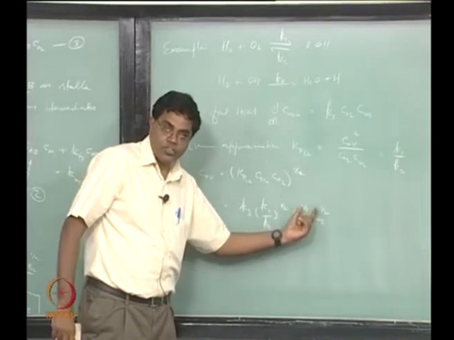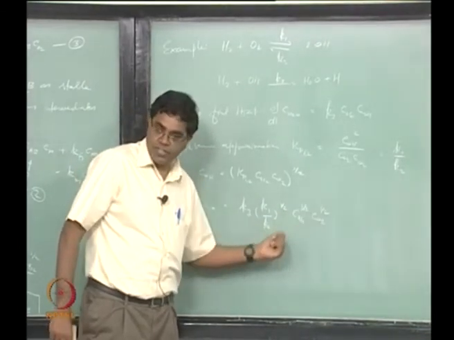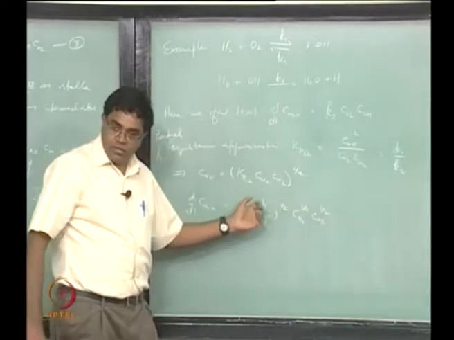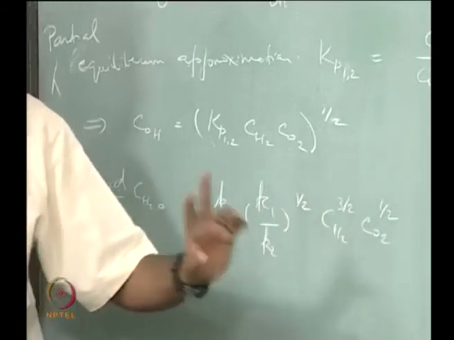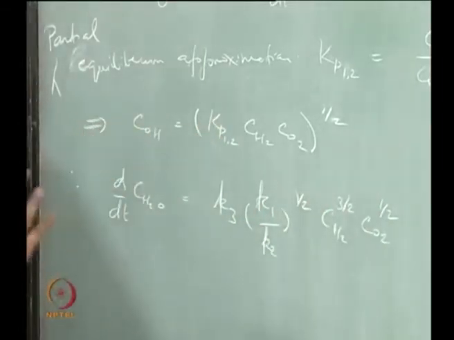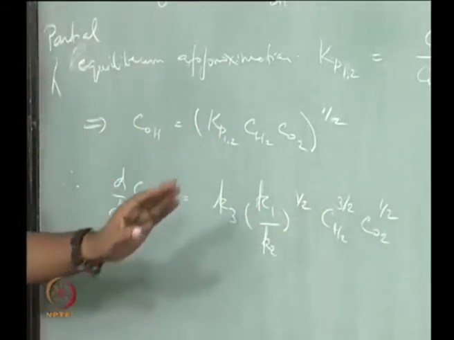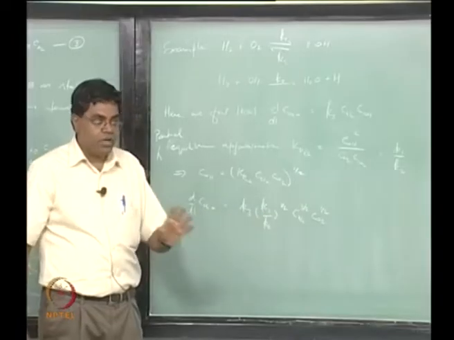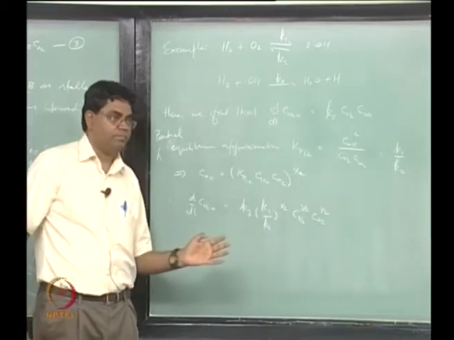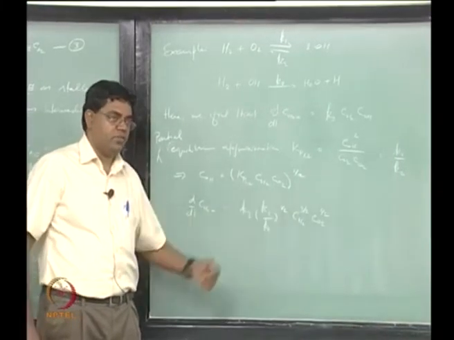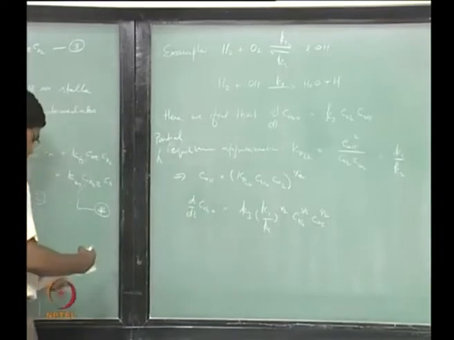These are now the orders with respect to H2 and O2 respectively. Together if you look at the total order, 3/2 plus 1/2 is 2, so you can easily see that this is like a second order reaction that we are looking at, alright, but the division between the fuel and the oxidizer is not equal. That's a lesson that we learned from these things.